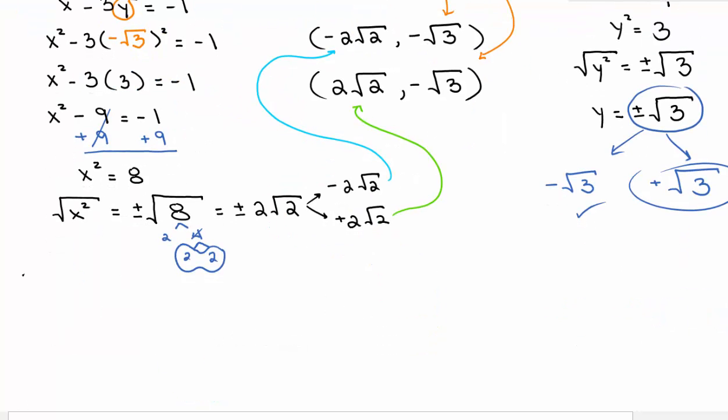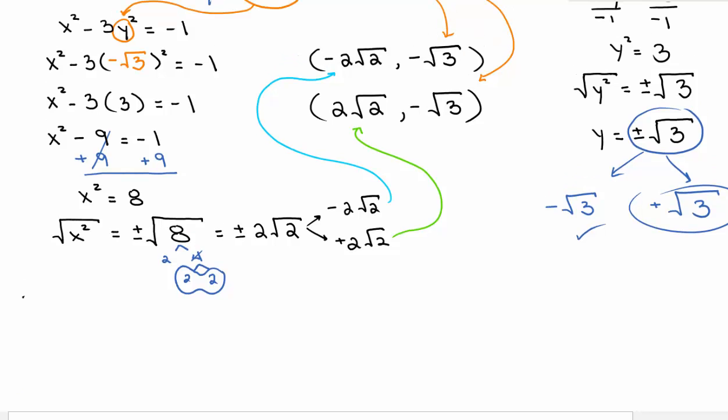So now let's go to this second part here. We're going to substitute positive square root of 3. And I'm going to use that same equation that I did last time. Okay, we're going to substitute y equals positive square root of 3.